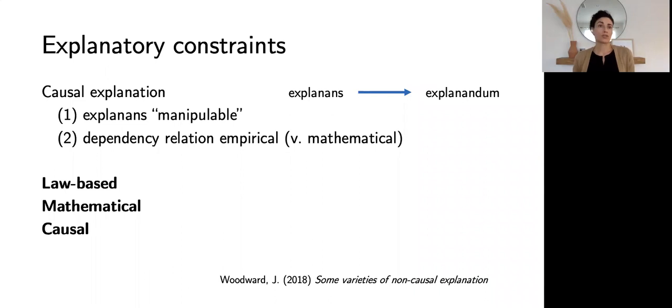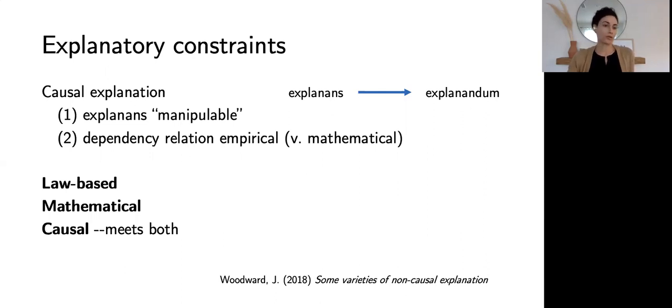So causal relationships are relationships that we get information about by studying the world. They aren't things that we know a priori, and they aren't things that just drop out of mathematics. So what I'm going to suggest is that an explanatory constraint is going to be causal when it meets both of these criteria.